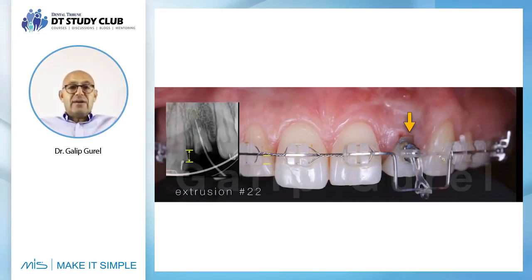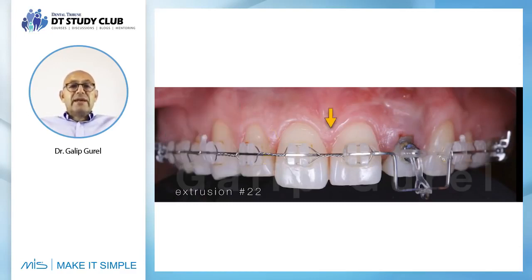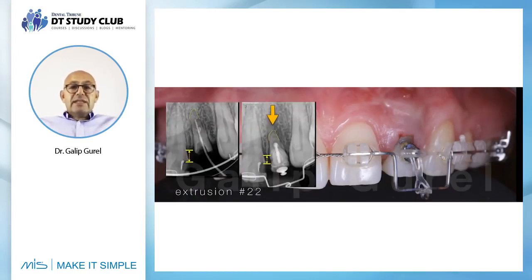So with the extrusion of tooth number 20, as you see here, see how much bone we are bringing down together with the soft tissue, and look at the crest of the intercrestal bone and the space we created in between.